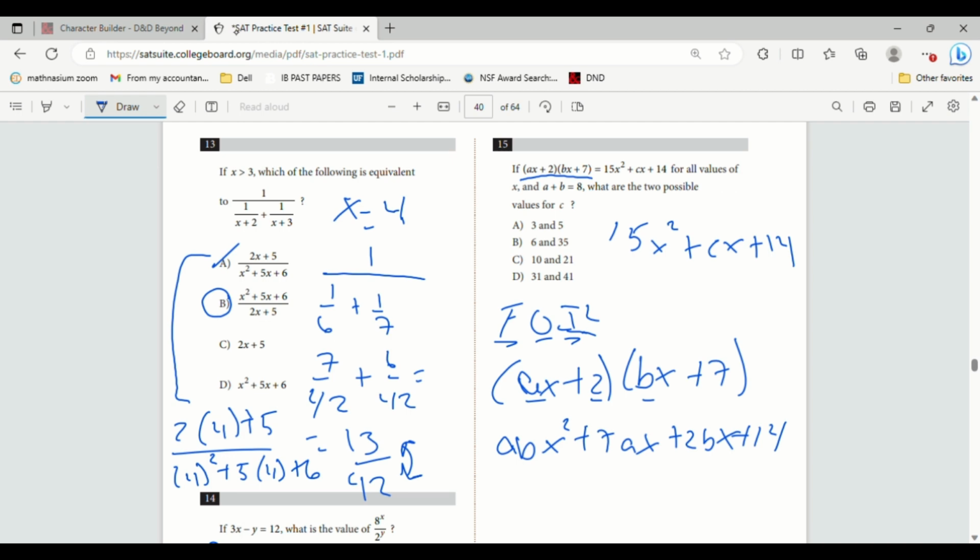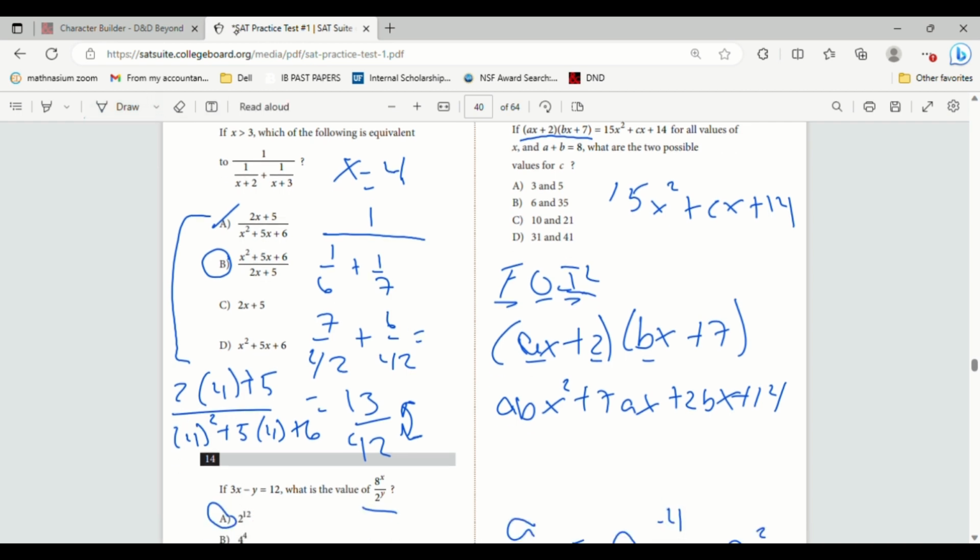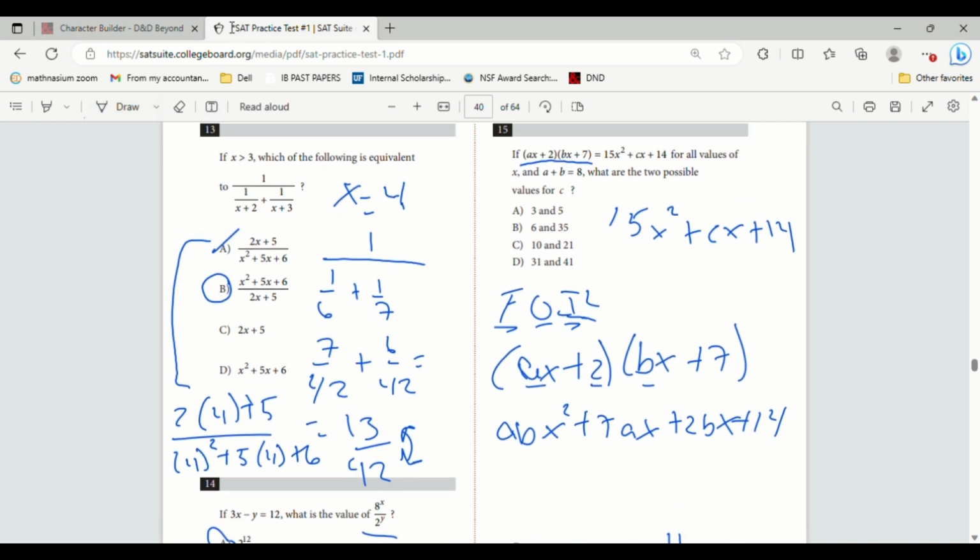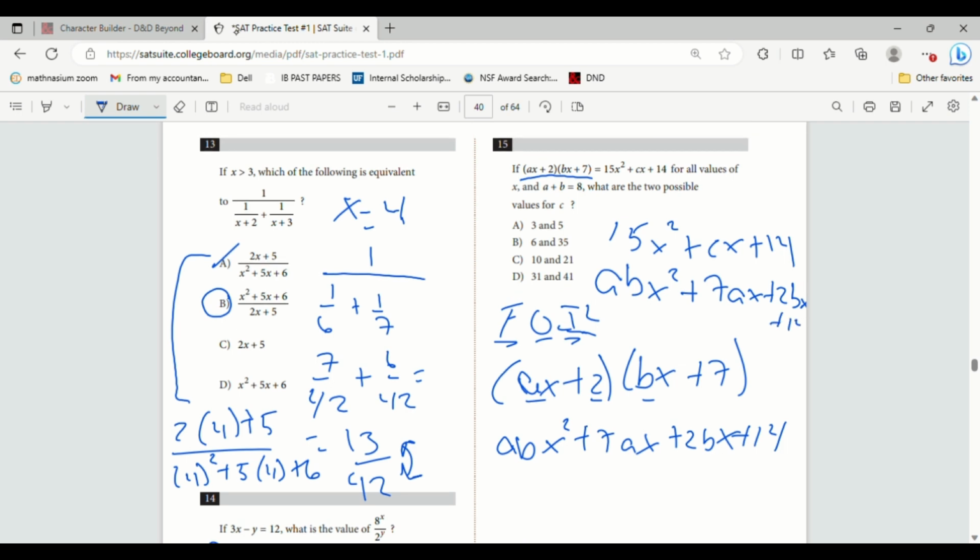So we can now compare, because we know that ax plus 2 times bx plus 7 equals our 15x squared plus cx plus 14. We can write underneath it abx squared plus 7ax plus 2bx plus 14. And so what looks familiar? Well, the plus 14 and the plus 14. But look at this, 15x squared and abx squared.